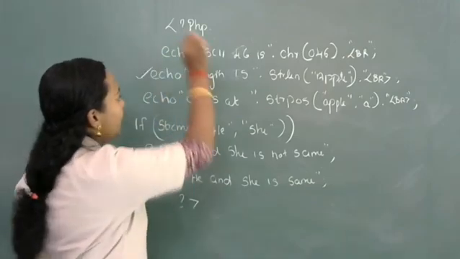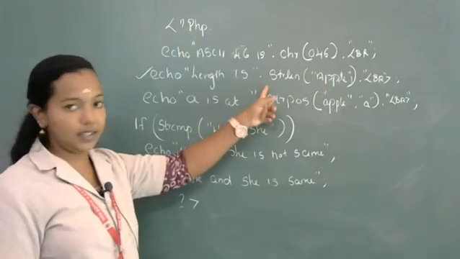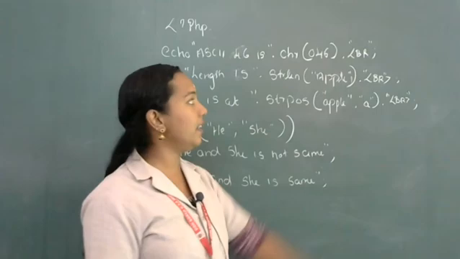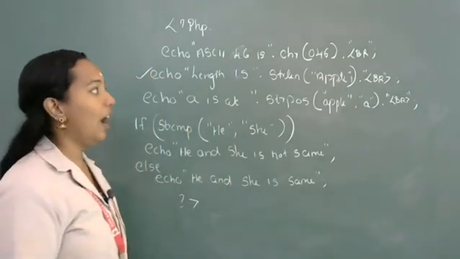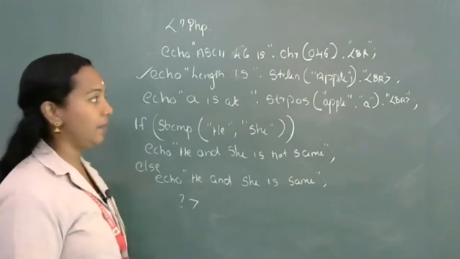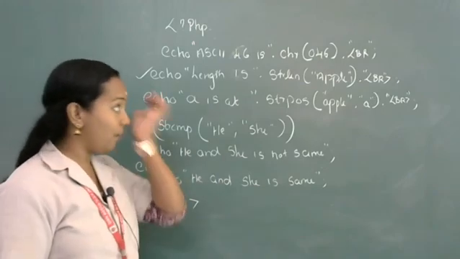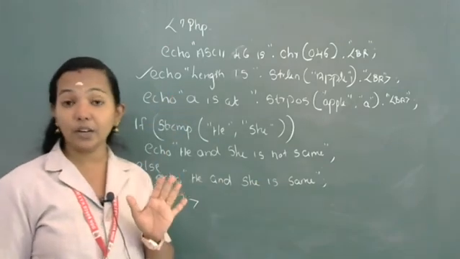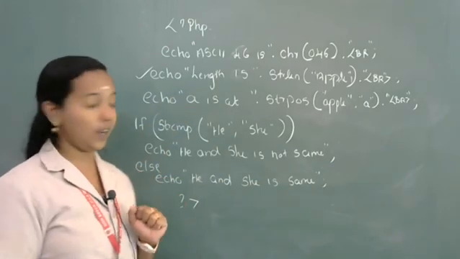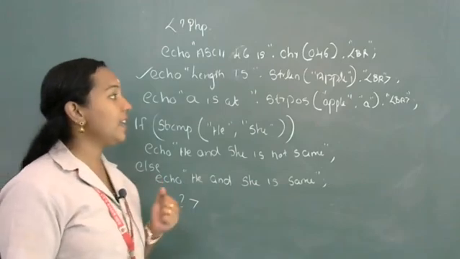Then second one, echo length is strlen of apple, the length of a string. How many characters are present? A, 1, 2, 3, 4, 5. Five characters present. So strlen of apple is equal to 5. After that, a is at position.